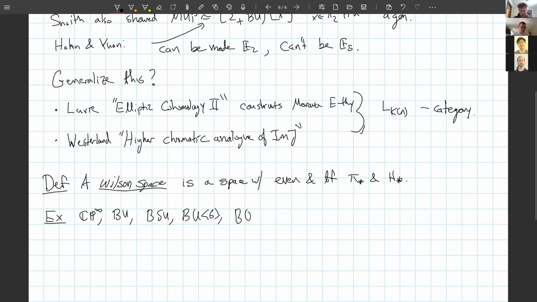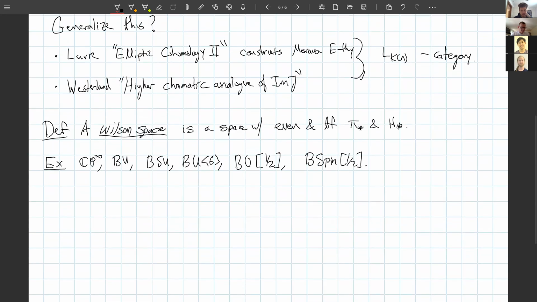You can take BO with 2 inverted, B spin with 2 inverted. And generally you get these as loop spaces of BP n's.